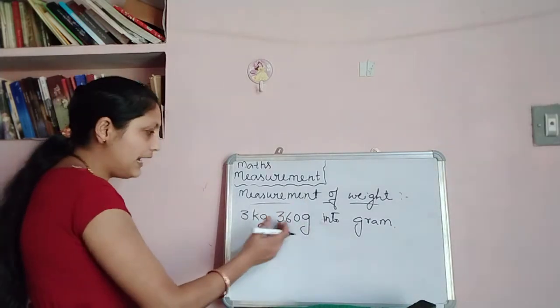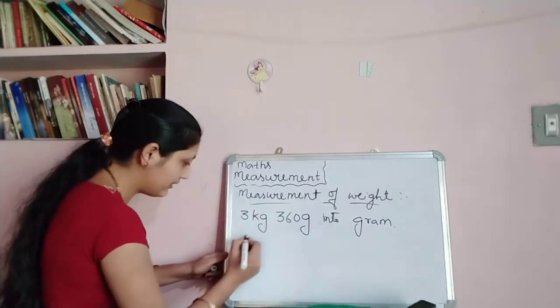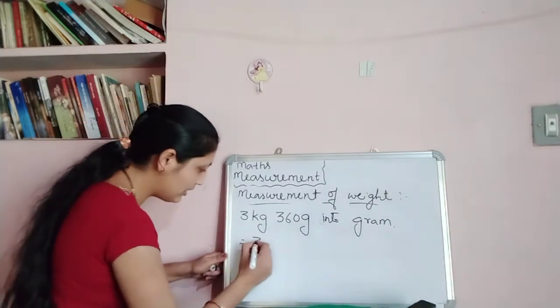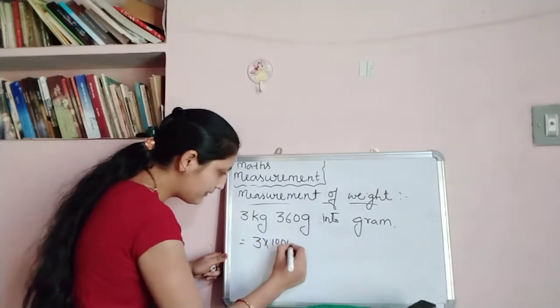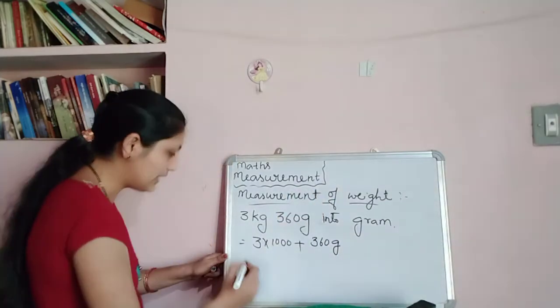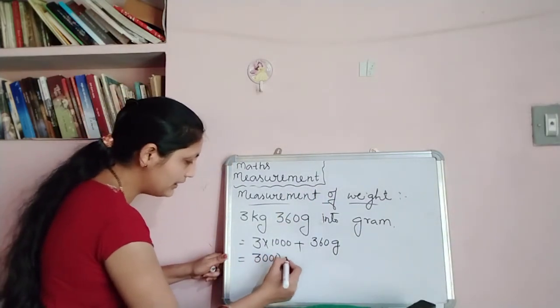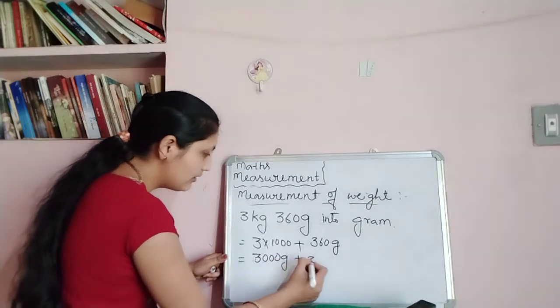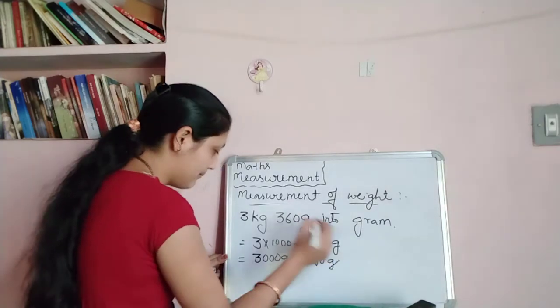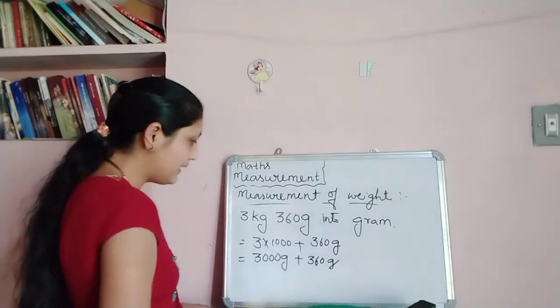Then it has to be added to the given gram. Clear? So 3 kg when converted to gram is 3 into 1000 plus 360 gram. 3 into 1000 means 3000 gram plus 360 gram. So this has to be added.